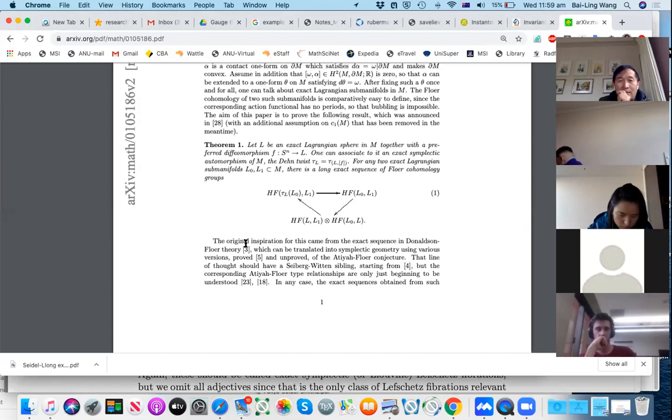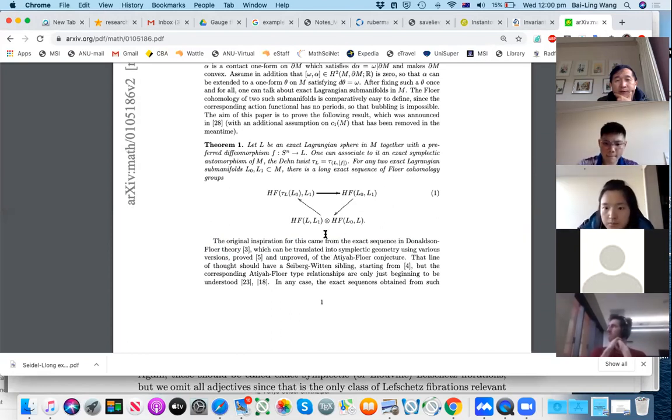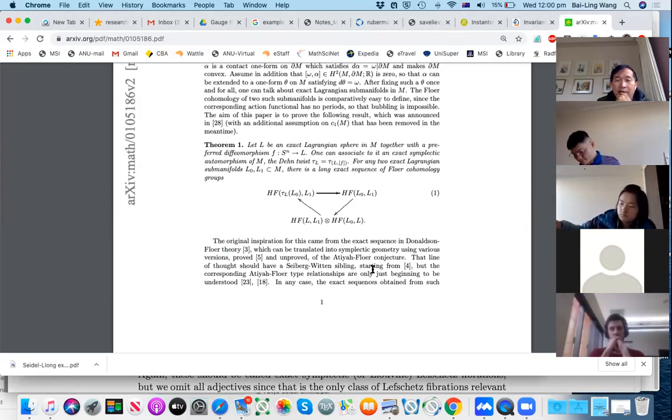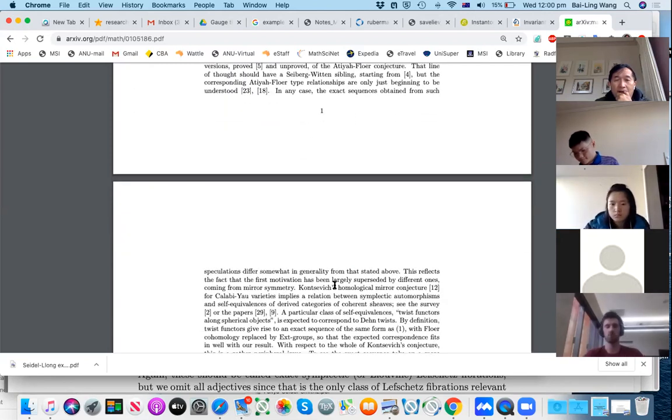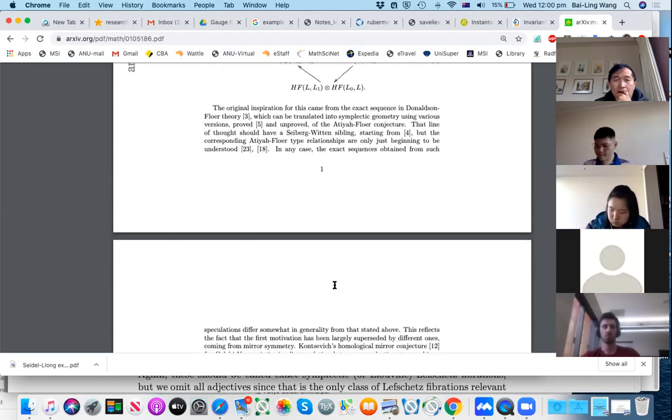If you look at Seidel's theorem, the original inspiration comes from that sequence in Donaldson-Floer theory, which can be translated into symplectic geometry using various versions of the Atiyah-Floer conjecture. This line of thought should have siblings.